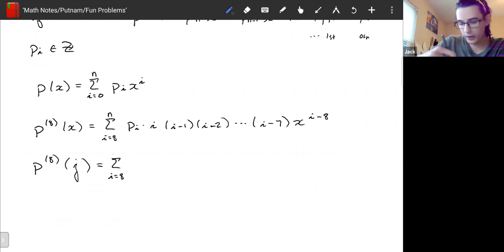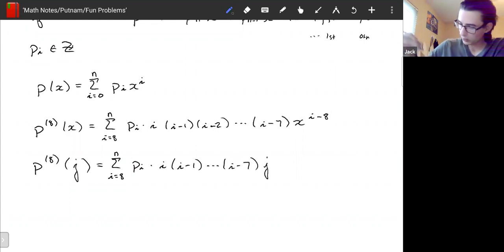So it'll be the sum from i equals 8 to n of pi times i times i minus 1 all the way to i minus 7, and instead of x here, we're going to write j to the power of i minus 8. So we have to show that this number is divisible by 2016. And if it's divisible by 2016, then we're done, and we found our smallest k, and it is 8.